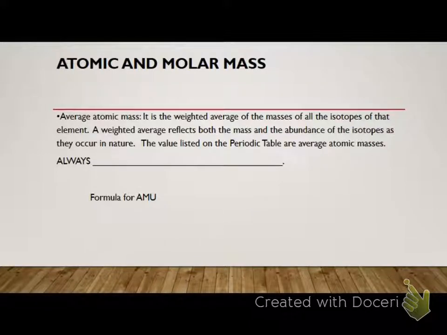Okay, so atomic mass is always going to be rounded to 2 decimal places. Always reported in 2 decimal places. Now, for the first time ever that I've taught this class, we found this at the end of the year and we're using it. If you look at your periodic table, the masses are already rounded to 2 decimal places.